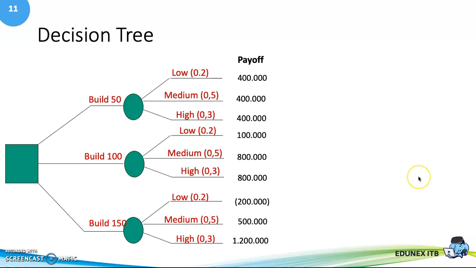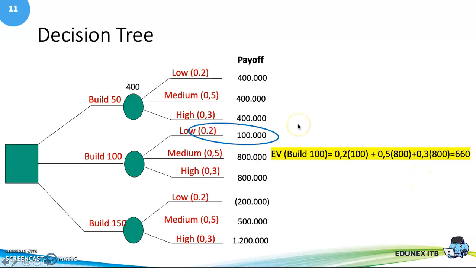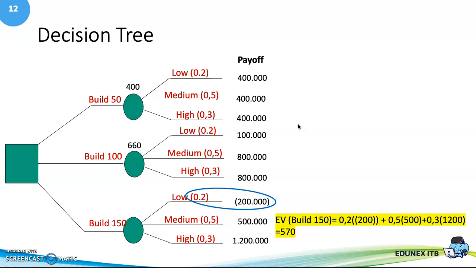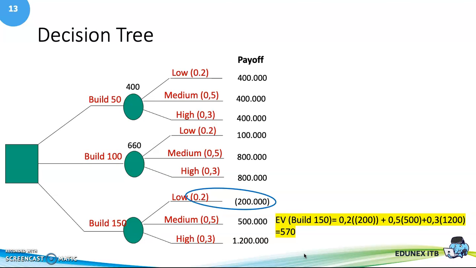After that, we calculate and put it in the event nodes like this. Then the next is building 150 units of houses. The expected value is calculated by multiplying the probability times the payoff. In this case, we got 570. So we put it here.